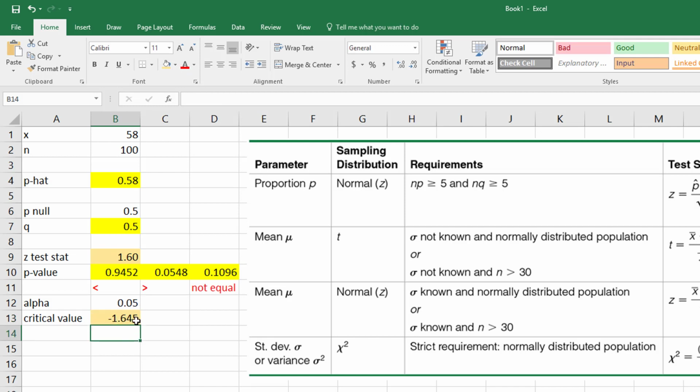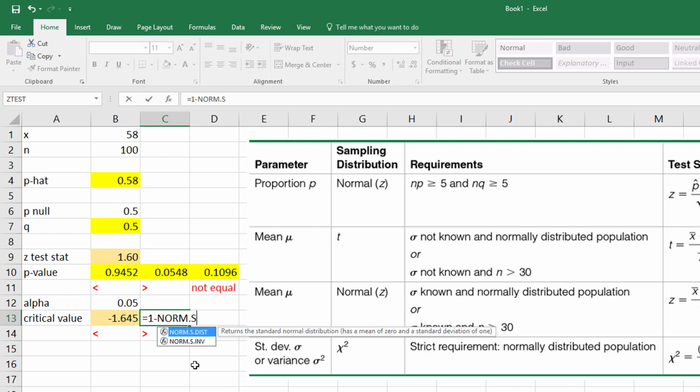So that would be, let's just do the same thing here. What if that was a less than? Well, if it's a greater than, then what I have to do is equals 1 minus this value, dot s dot inv. I'm sorry, my 1 minus is in the wrong place.